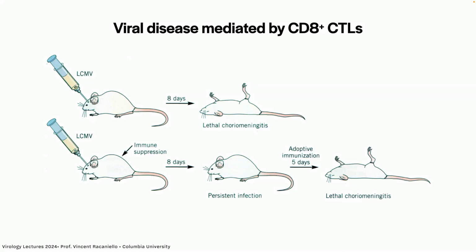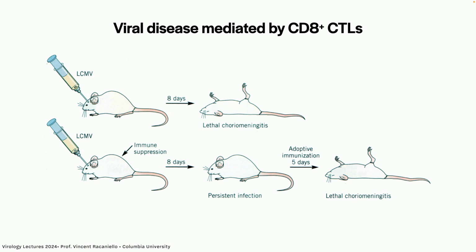So here's an example using lymphocytic choriomeningitis virus of mice, which if you infect mice intracerebrally, within 8 days, they're dead. Remember, this is the one where you put one PFU in the brain, the mouse dies. But if you infect and then immunosuppress, you give them a steroid, dexamethasone, to suppress broadly all the immune responses, the mice live.